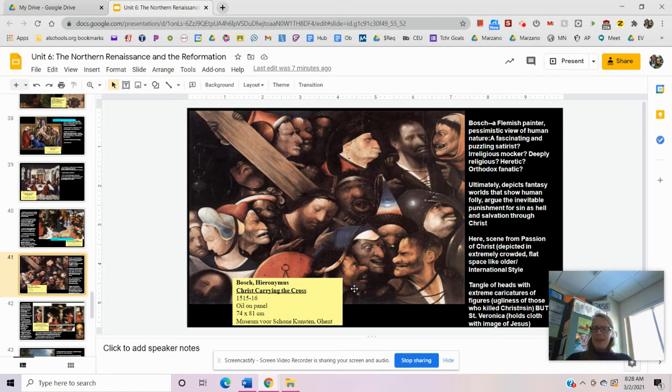So pretty graphic stuff. The only lovely person, besides the sadness on Jesus' face, besides Jesus, there's this gal over here who is Saint Veronica, and she's holding this cloth.